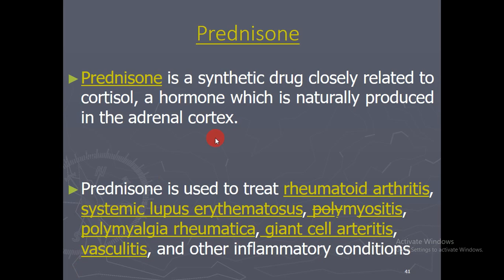These are the clinical uses of prednisone, especially in a variety of diseases like rheumatoid arthritis, when there is pain and inflammation in the joints, or systemic lupus erythematosus. All these are autoimmune diseases, or polymyositis and polymyalgia, pain in the muscles and joints, and giant cell arteritis, vasculitis, and other inflammatory conditions.